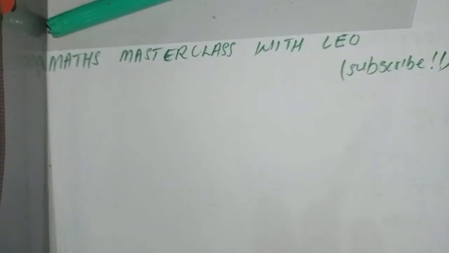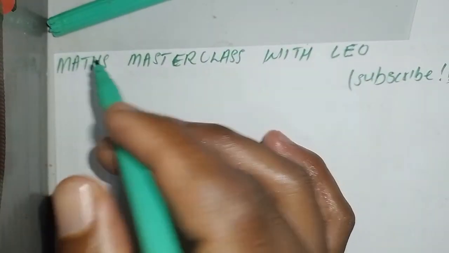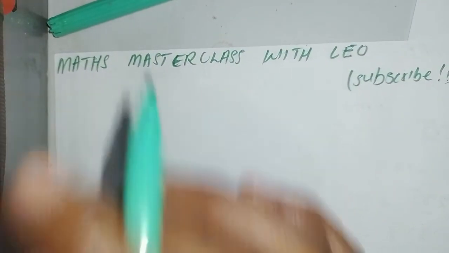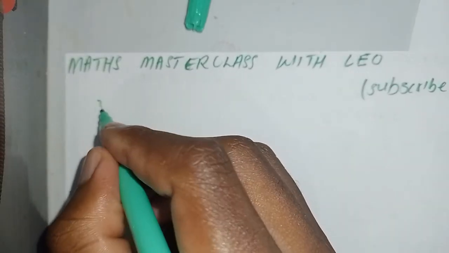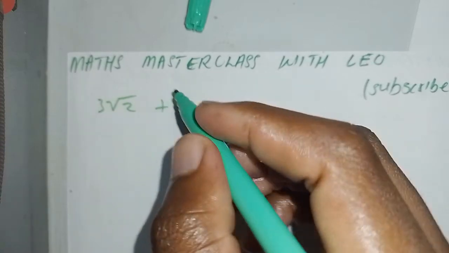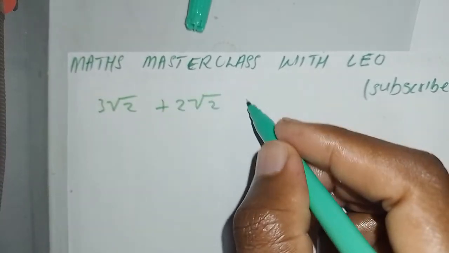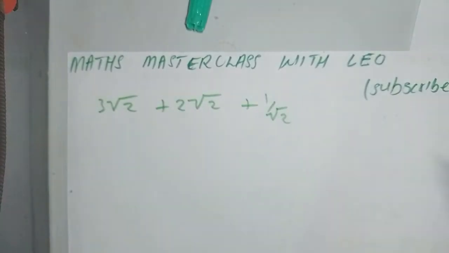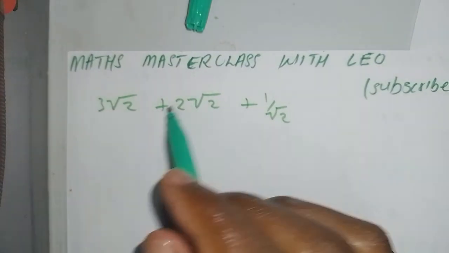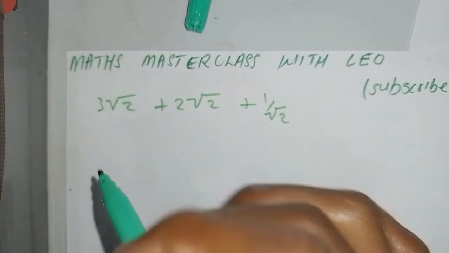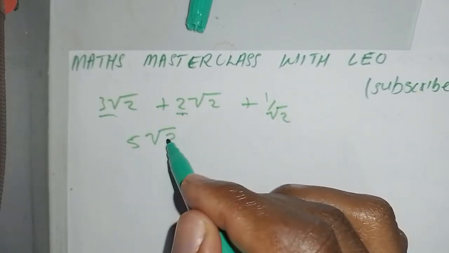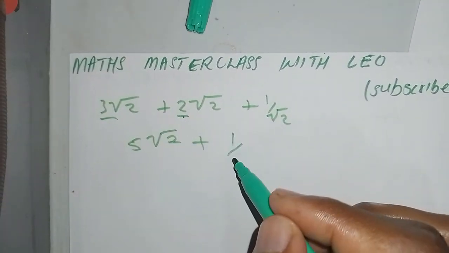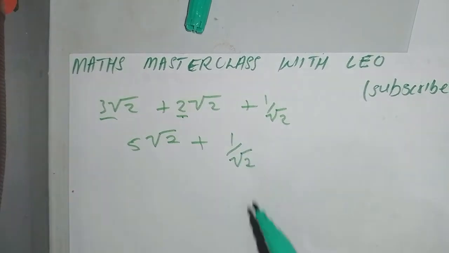Let me rewrite it. We have 3 root 2 plus 2 root 2 plus half root 2, and then this and this, it's 5 root 2 plus 1 over root 2.